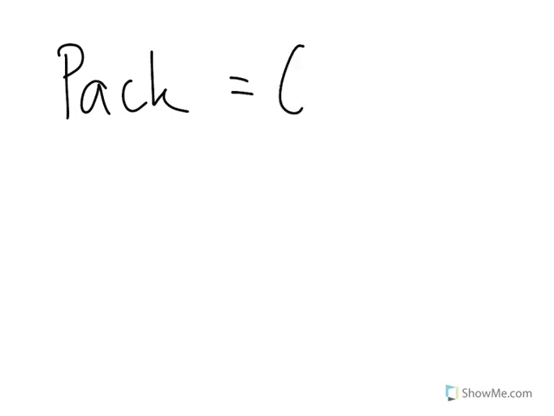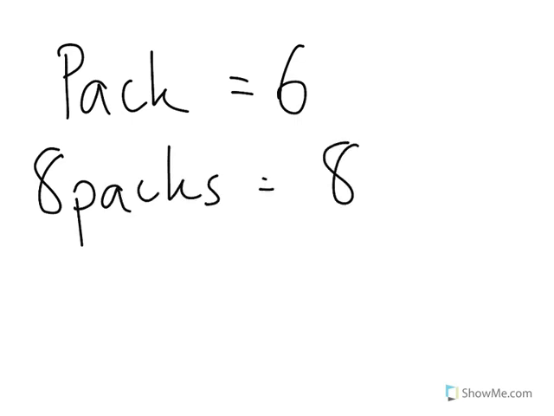Okay, the next question is question 7. This question tells us that some pack of cards, hero packs, have 6 cards in them. This guy's got 8 packs. So how many cards does he have? Well, he's got 8 times 6, which is 48. Now he's going to give 9 to each of his friends.